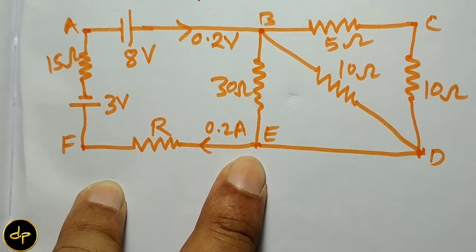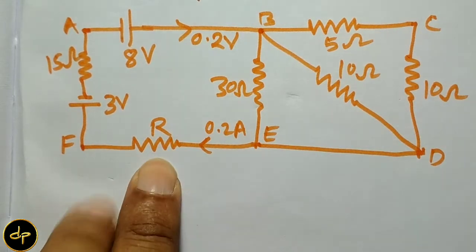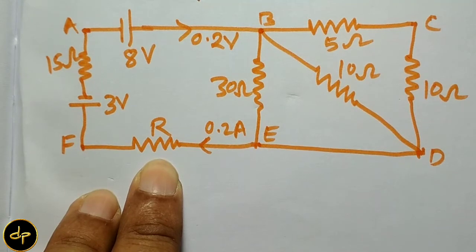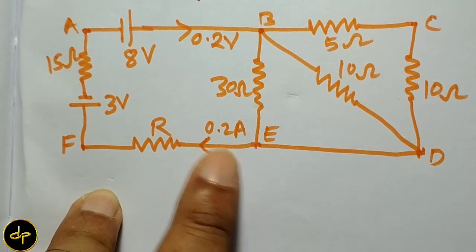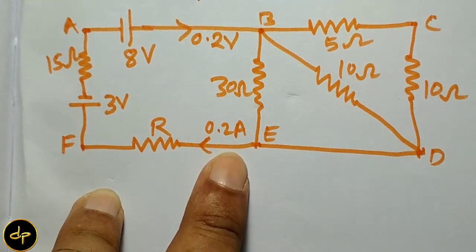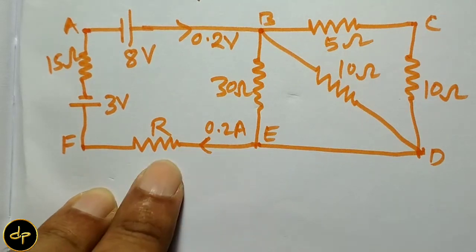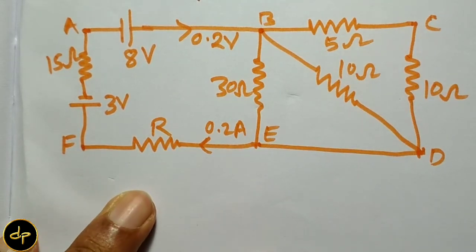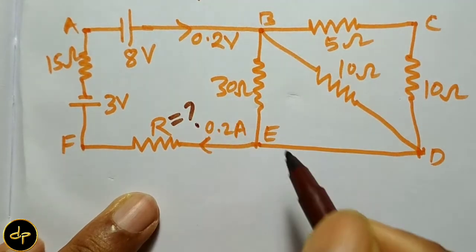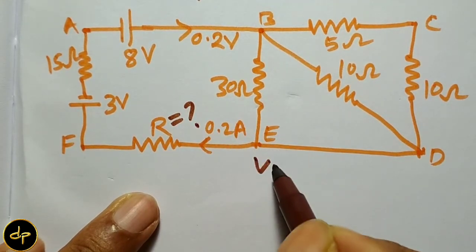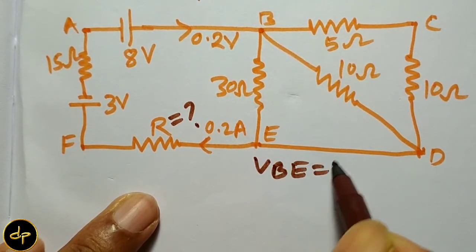Calculate the value of the resistance R in the circuit, so that the current in this circuit is 0.2 ampere. So we have to find the value of R and how much this potential VBE is.